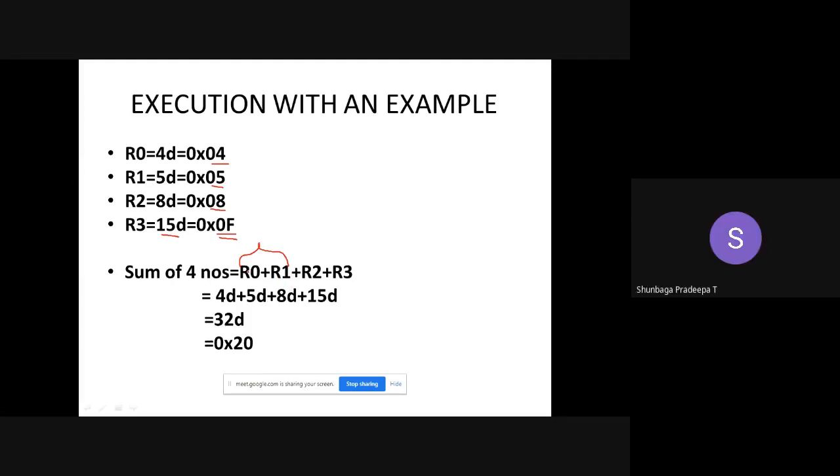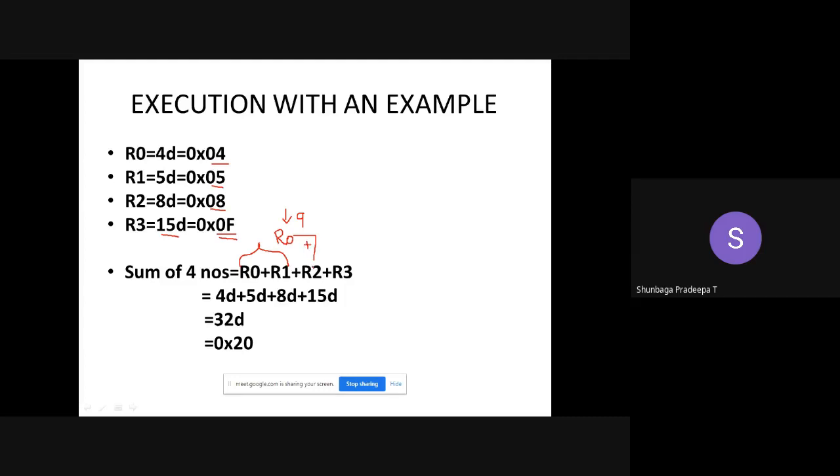So first we have to add R0 and R1 and store the result back in the R0 register itself. So what will we get? It will now be loaded with 9, because 4 and 5 are added and it is updated in R0. So next we can add these two.